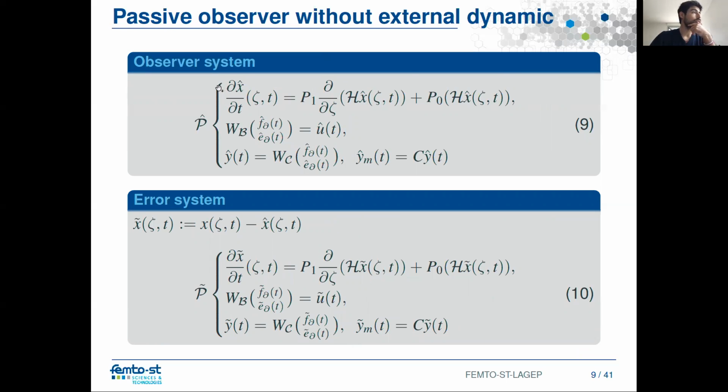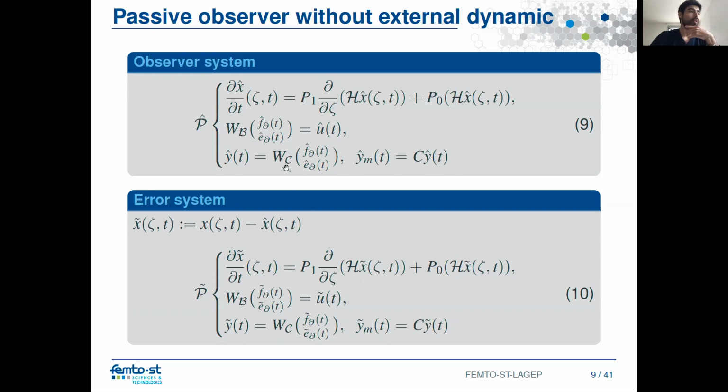Now we are going to design the observer, which has the same structure as the real system. You can see exactly the same PDE, the same boundary condition, but new variables, and I call all of them hat: X hat, U hat, Y hat. So we have to design this U hat in order to make this system converge to the real system.